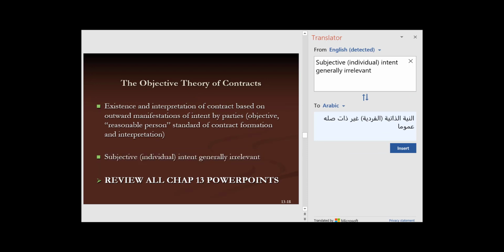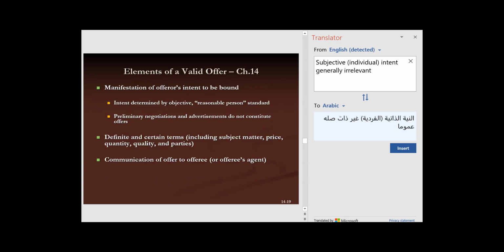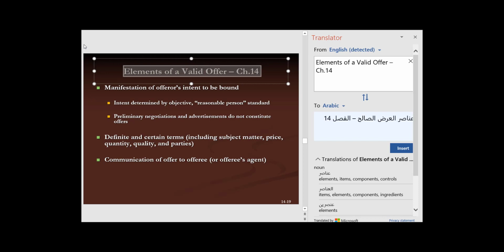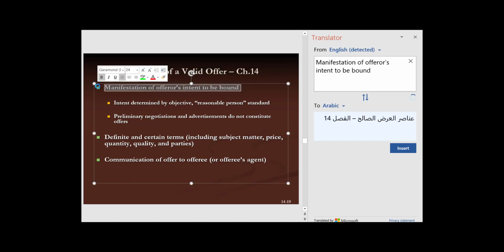In an objective theory, we have to have these things. If you're going to prove it objectively, you have to ask whether there was intent that we can measure. How do we do that?